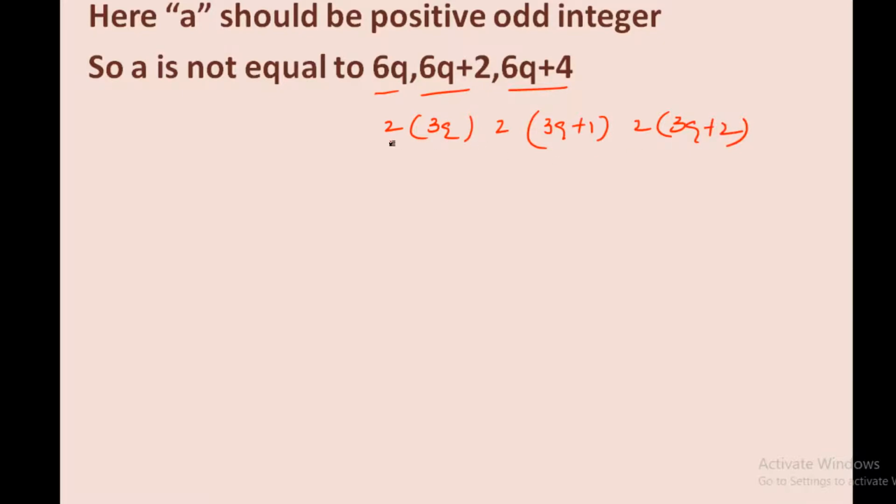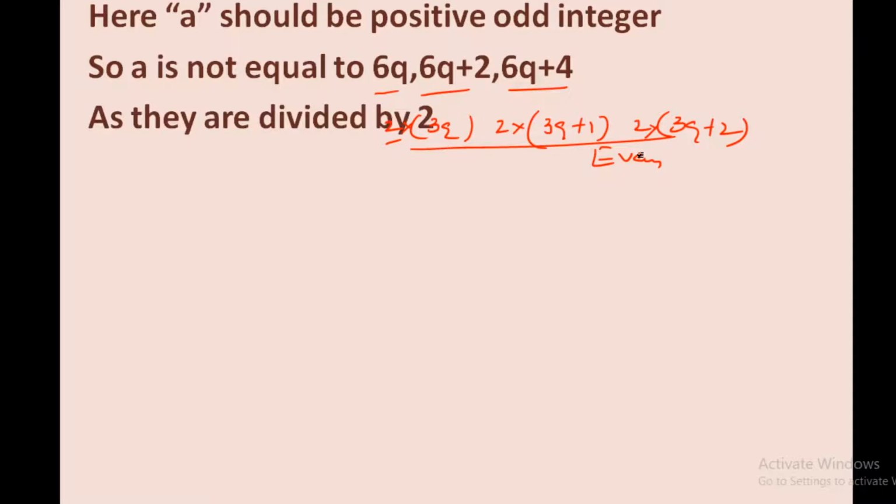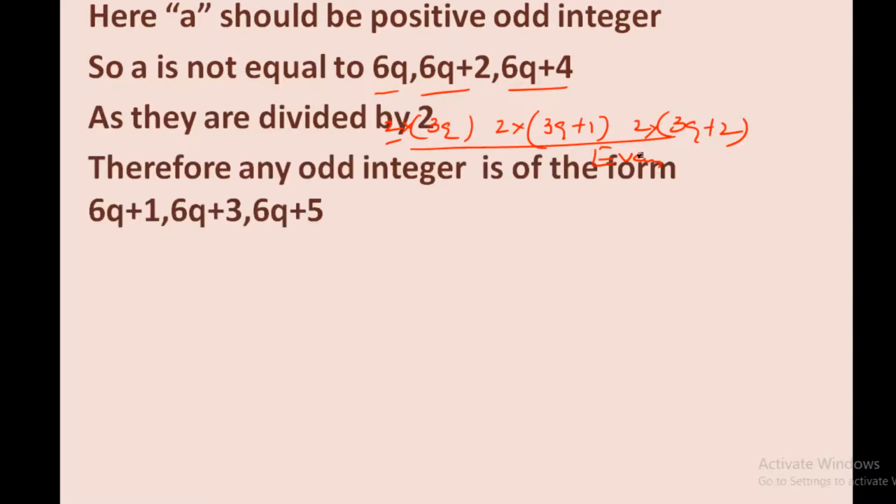Here we have written these in the form of 2 into some integer. All these will become even, so we cannot consider them. Therefore, any odd integer has the remaining numbers in the form of odd. It is 6q plus 1, 3 and 5.